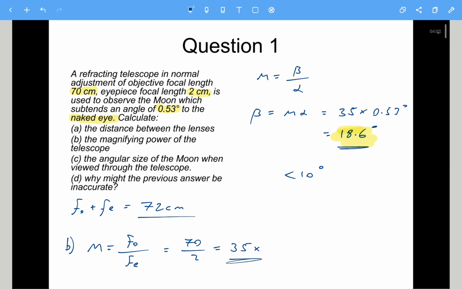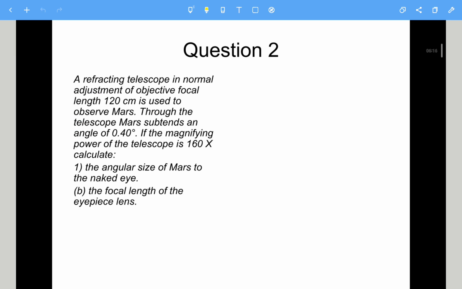Alright, let's move on to question 2. If you want to pause and have a go at this one, then I'll take you through the answer. A refracting telescope in normal adjustment, with objective focal length 120 centimeters, is used to observe Mars. Through the telescope, Mars subtends an angle of 0.4 degrees, so that'll be angle beta. If the magnifying power of the telescope is 160 times, calculate the angular size of Mars to the naked eye.